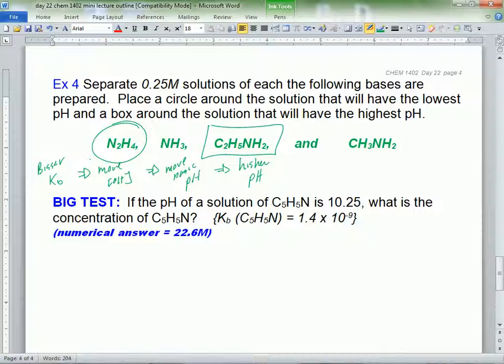This is pH. Use pH for the OH concentration. If the pH is this, what is the concentration of this? They're not asking for pOH. It wants to know what is the concentration of this stuff.